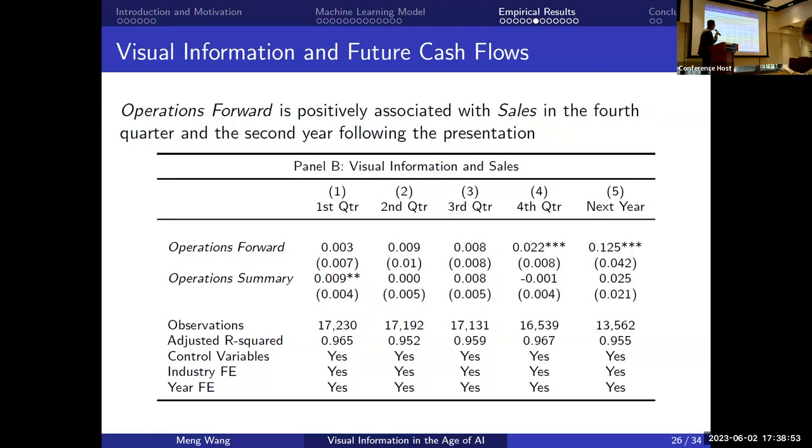This relation is similar if we replace the dependent variable with sales. So basically, operations forward is positively associated with sales and also earnings, and thus predicts cash flow in the fourth quarter and the second year following the presentation.